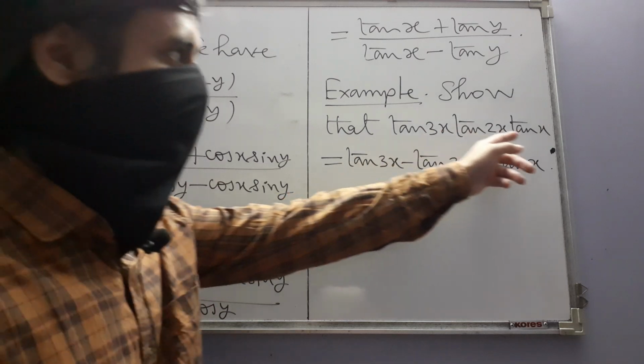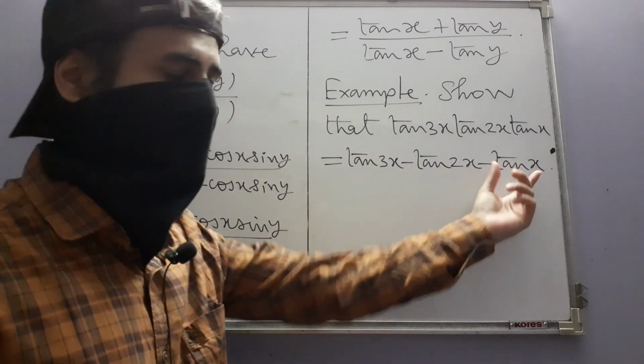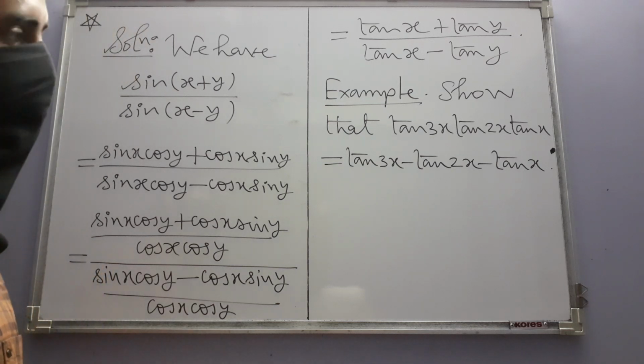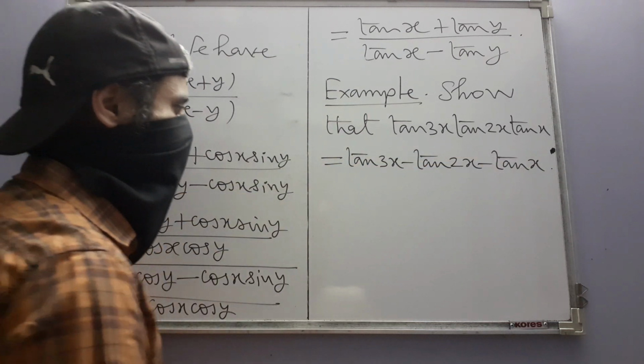This one is very interesting. I mean, the form of the identity is very interesting. So this is the product of those tangent functions. This, however, is not a product. Okay, this is this one minus the other two.